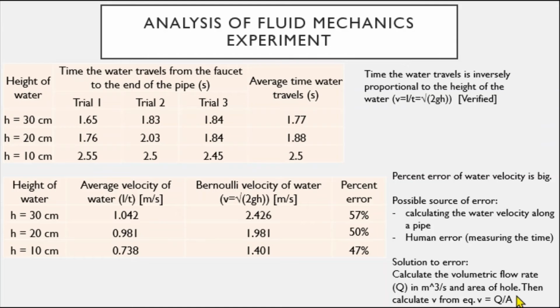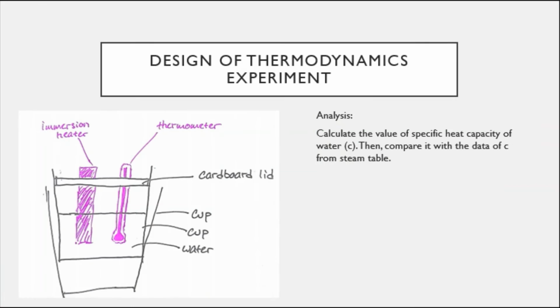Okay, and then from those values we can calculate the V from the equation V is equal to Q over A, because the velocity of course depends on the area of the holes. If the area of the hole in the wall is smaller, then the velocity of water exiting the barrel will be greater. So this experiment could be improved by changing the method in measuring and calculating the experimental velocity of the water exiting the barrel.